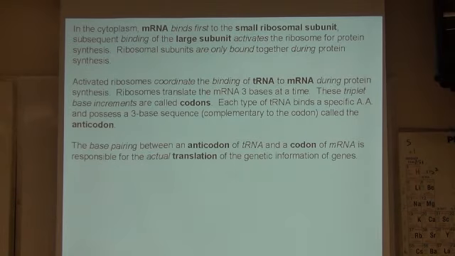What's the problem? Well, there's not enough variation to account for how many amino acids do we have? 20. We have more than 16, right?